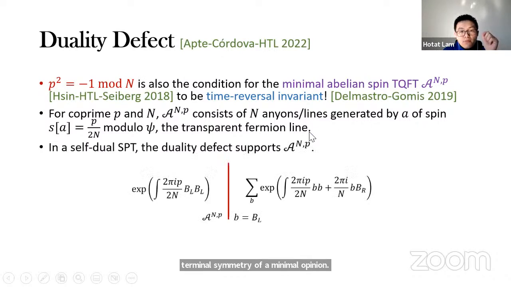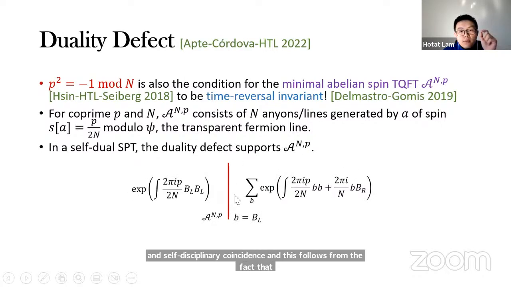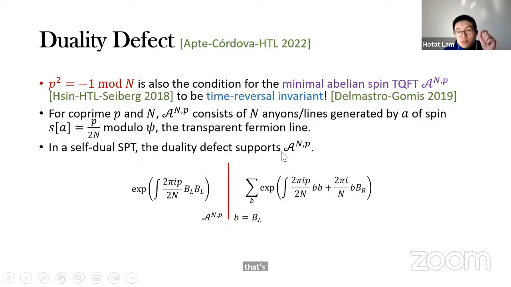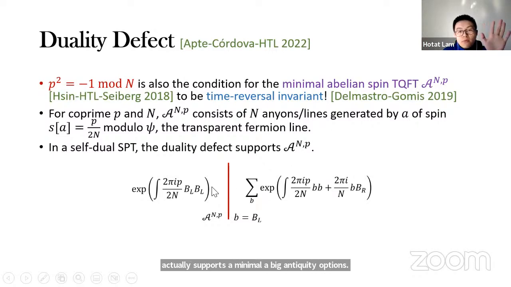This follows from the fact that the duality defects of the self-dual SPT actually support a minimal abelian TQFT. Let me say a little bit more about this. If we have a self-dual SPT, then we can imagine inserting this duality defect somewhere.